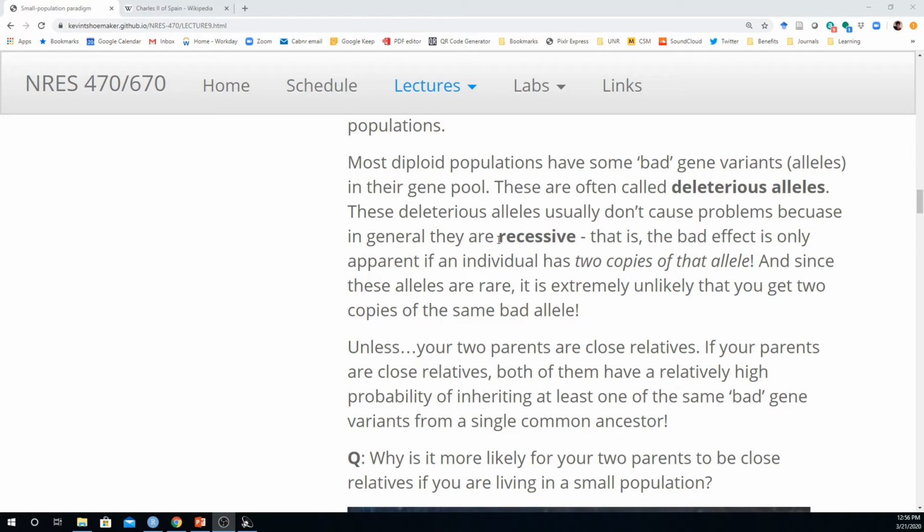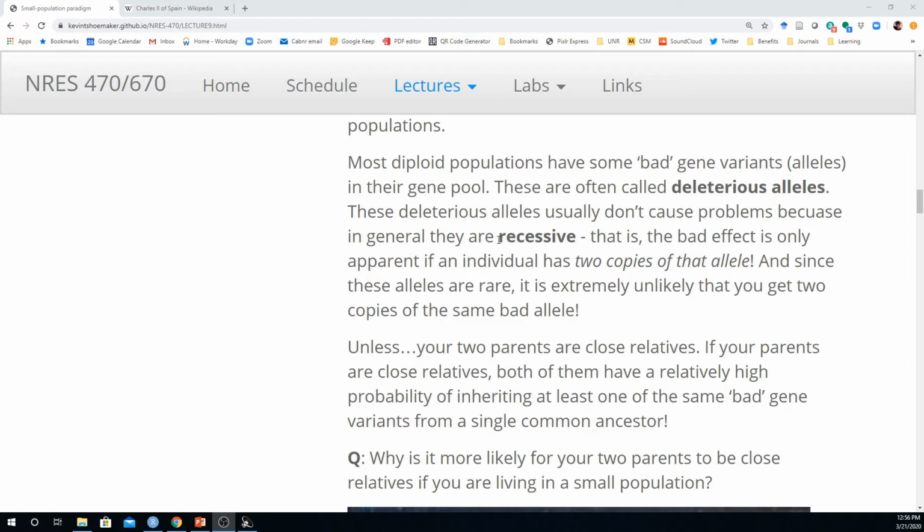And so you have a much higher probability of inheriting one of those bad gene variants or deleterious alleles if your parents have a common ancestor. And that is what is called inbreeding. That's what we mean by inbreeding.